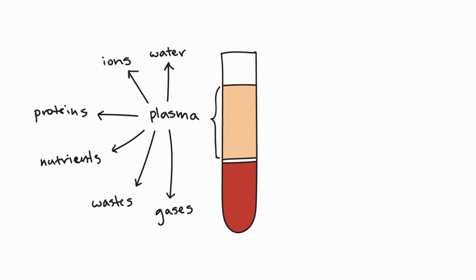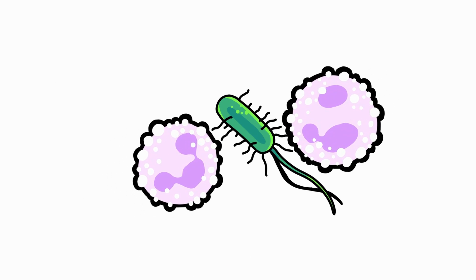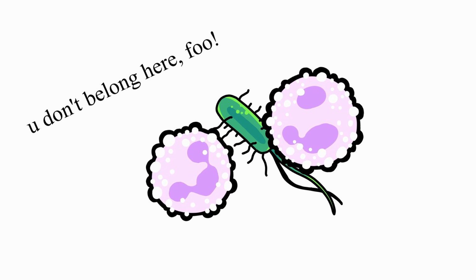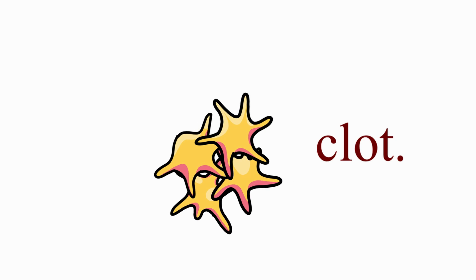It contains proteins that help blood to clot and transport substances through the blood. About half of blood volume is composed of blood cells: red blood cells, which carry oxygen to the tissues, white blood cells, which defend the body against bacteria and fight infections, and platelets, smaller cells that help blood to clot.